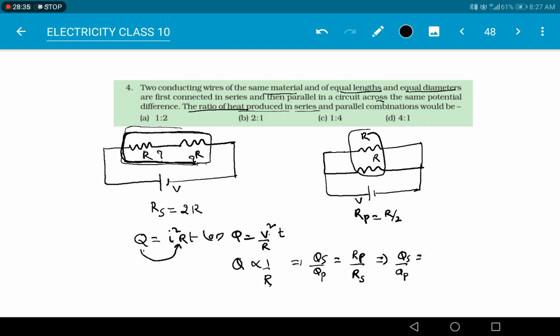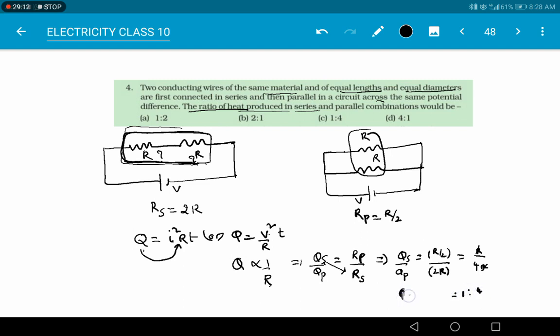Series resistance is 2R and parallel resistance is R by 2. Inverse proportion, so R by 2 over 2R. R by 4R, the R's get cancelled, so 1:4.